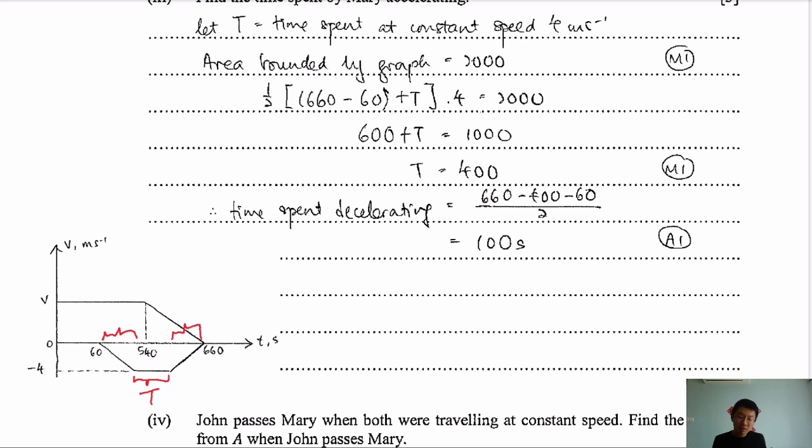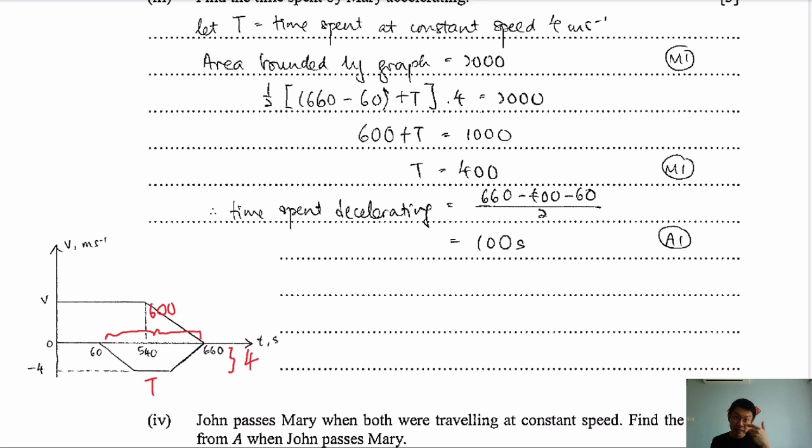Because Mary has traveled the same distance as John, the total area under the curve should be 2000 as well. So how do we find this area? This one is t, this one is 600, and this one is 4.